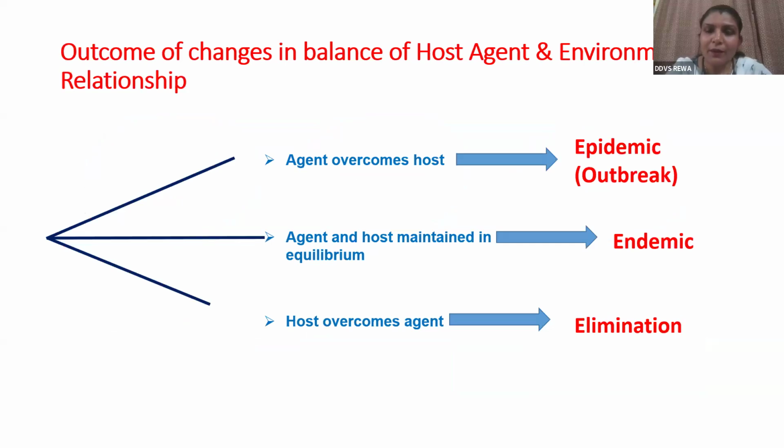So whenever there is an equilibrium between the host and agent, the expected number of cases occur in a population at a particular point of time or in a particular place, and this situation is referred to as endemic, or the endemic pattern of disease. But whenever the agent dominates the host, there is an increase in the number of cases beyond the expected frequency.